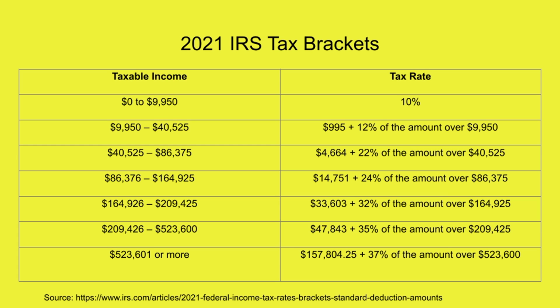So again, if someone were to tell you, "Hey, I'm taxed in the 37% bracket," all they're saying is that they had taxable income of over $523,601, and some of their income was taxed at 37%. So understand that tax brackets are graduated and you pay a portion of your income at different rates, okay?